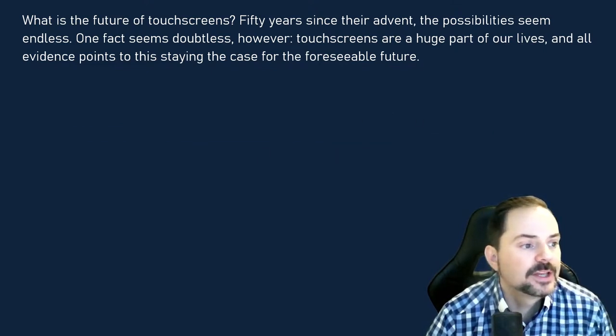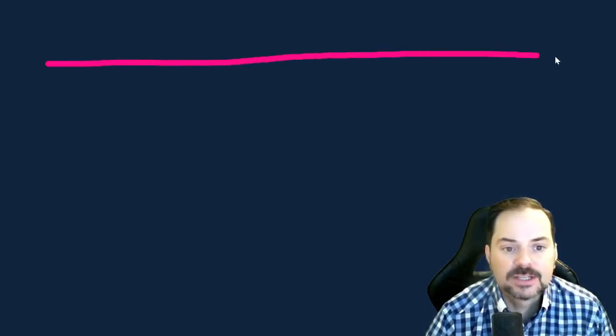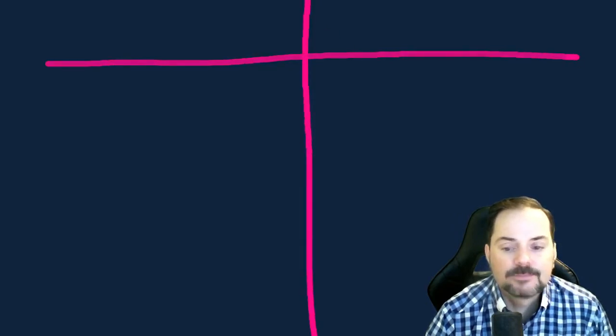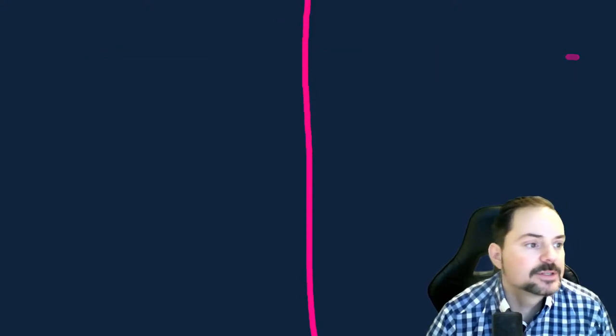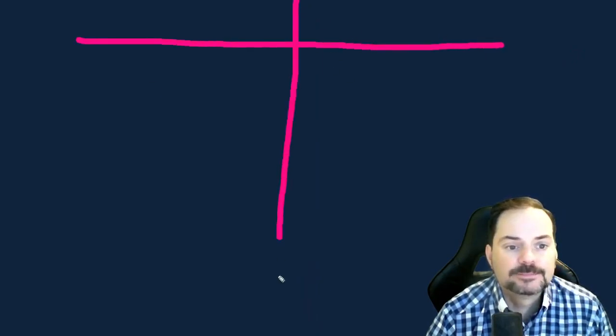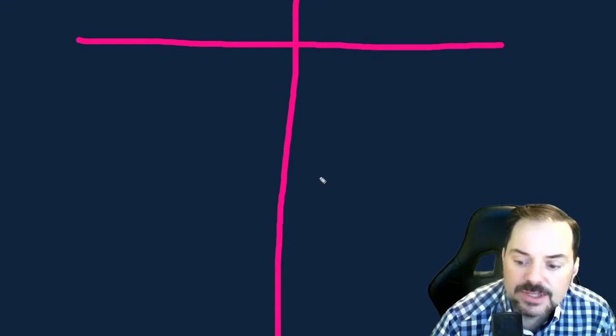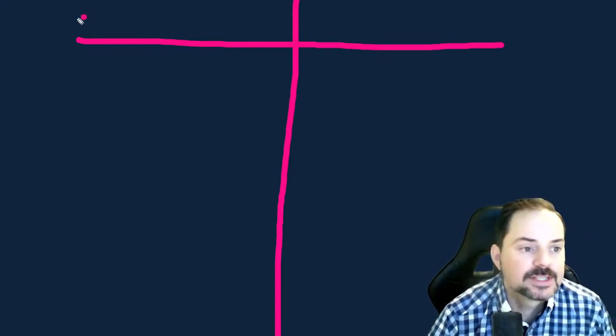So in your mind, this should be happening when you're reading this type of passage as you're visualizing this. So the two types of touchscreens, what are they? They are capacitive and resistive. Yes, exactly.